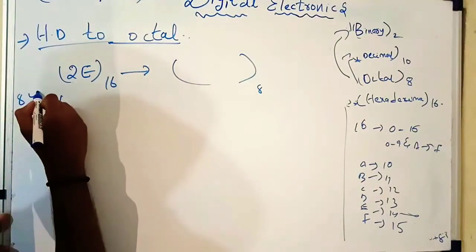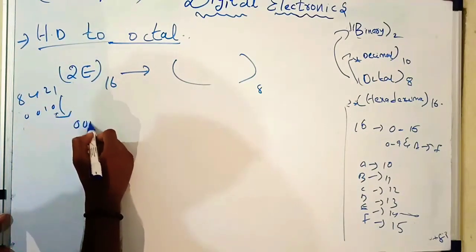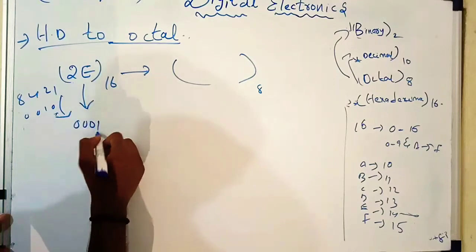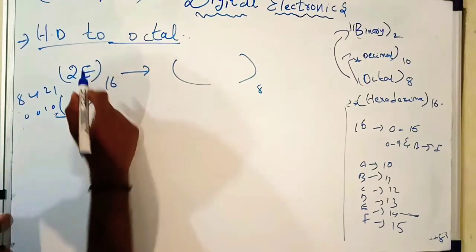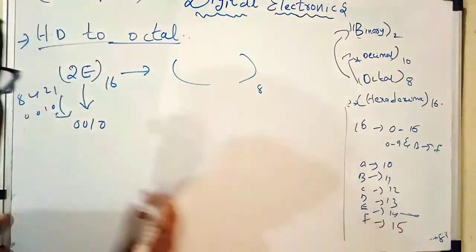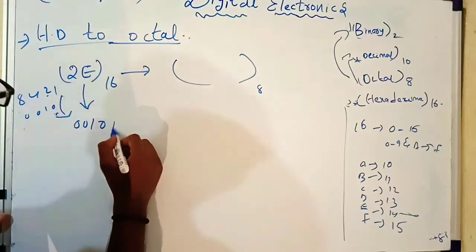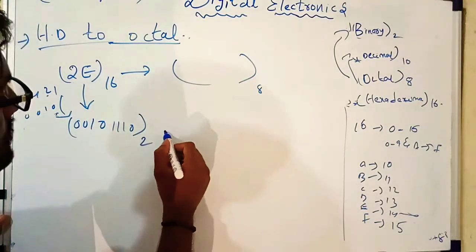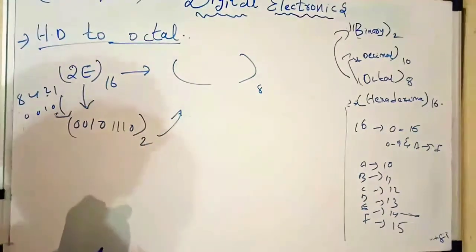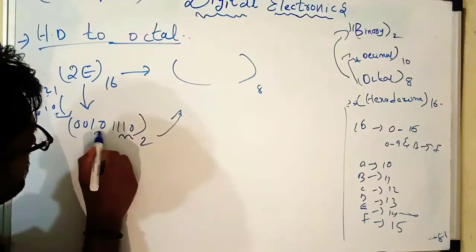For 2, this is 0 0 1 0 in binary, and the E value is 14. Combining these 3 will get 14. These 3 bits are 1, and the remaining is 0. For octal we need 3 bits, so we will take 3 bits, 1 2 3.